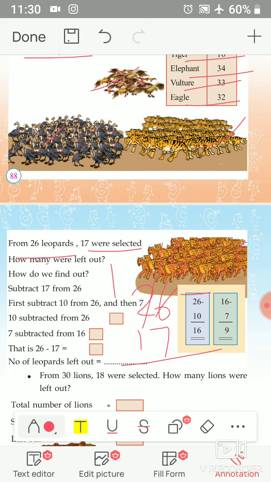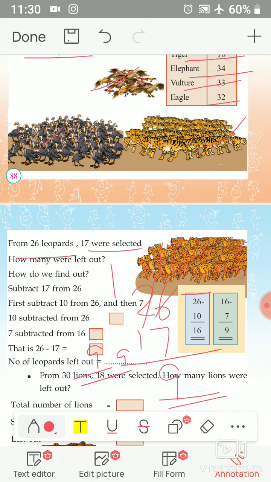Then 16 minus 7 is, yes, 9. Counting 7 after 9, 8... sorry, 7 after 8: 9, 10, 11, 12, 13, 14, 15, 16. Yes, 9. Did you get it? That is, 26 minus 17 is 9.